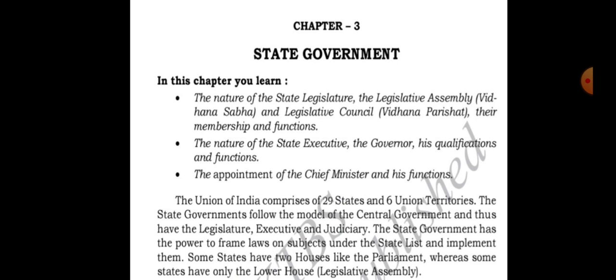In some states, there is only one house, that is the lower house. But in Karnataka, our state legislature has two houses. One is the lower house, which is called Legislative Assembly, and the upper house is called Legislative Council.